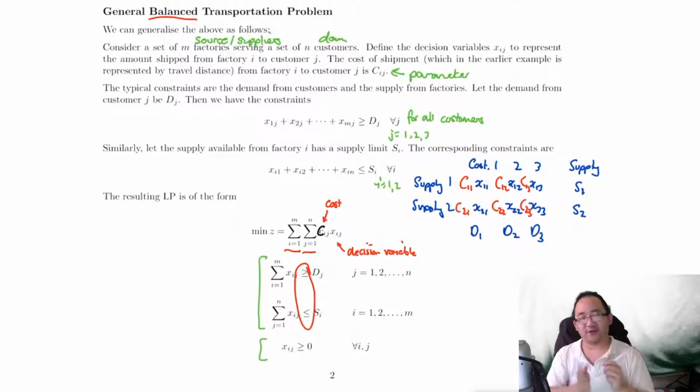The balanced problem assumes that the total supply is equal to the total demand, which for the most part means that you need to adjust the formulation. However, with this particular formulation as given in this video, we won't really need to worry so much about that.